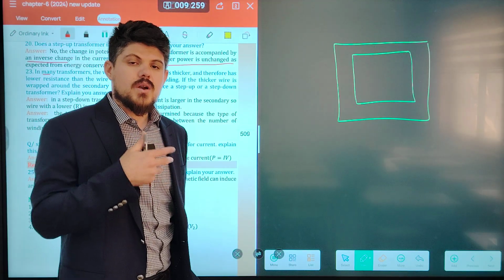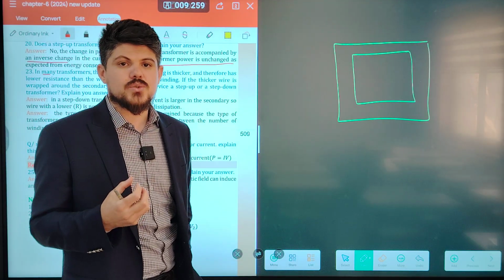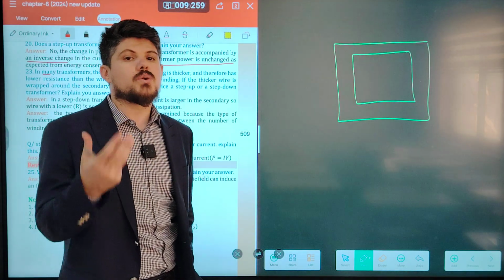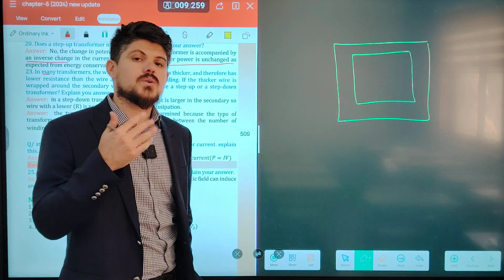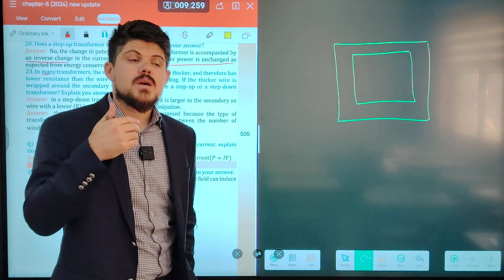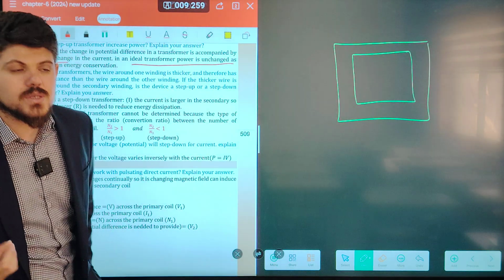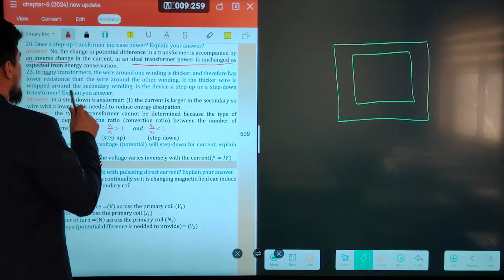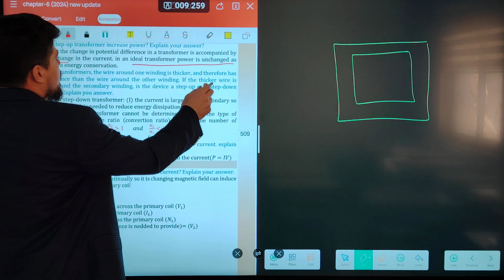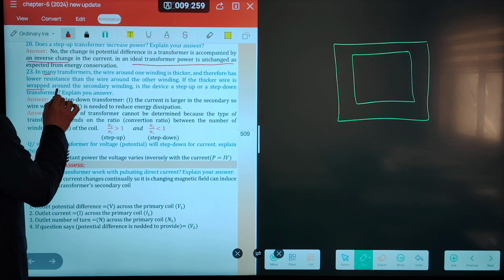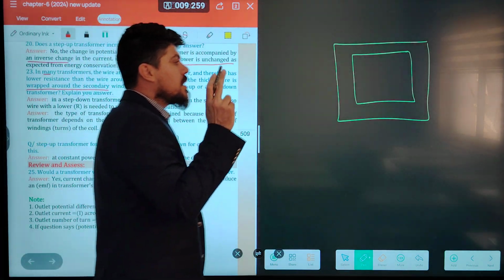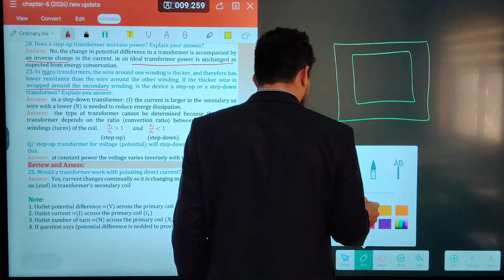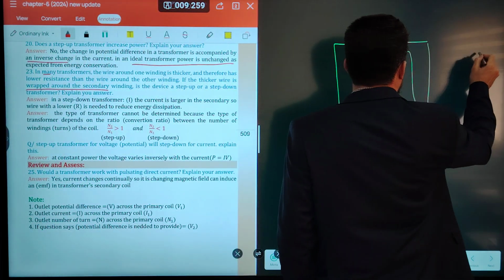When the cross-section of the wire is more, thick wire has less resistance. Thin wire has more resistance. And resistance is also directly proportional to the length. More length of the wire has more resistance. But with area it is inverse. If the thicker wire is wrapped around the secondary winding, a thick wire is wrapped around the secondary winding. Look, this is thick wire.